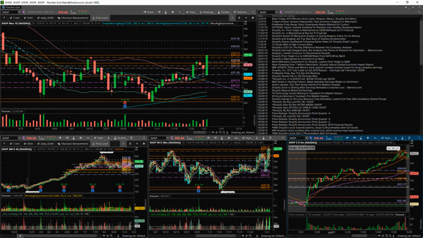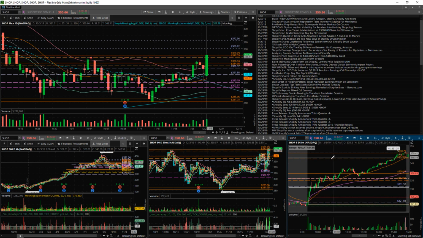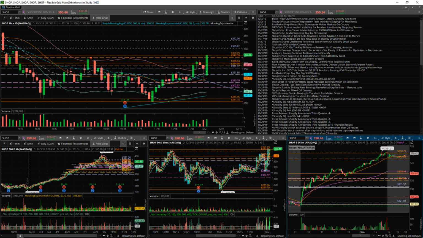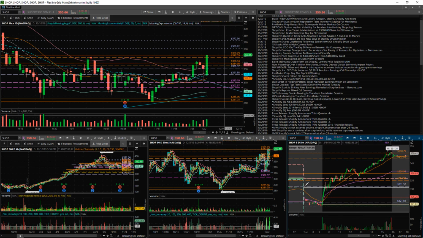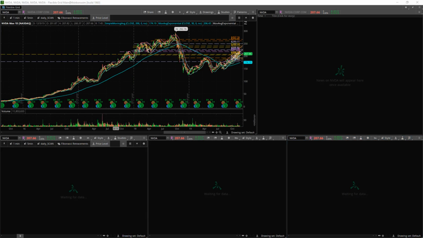Those are things you want to look out for, and track for yourself which ones work best with you, to perhaps find an entry thesis for intraday entries if you want to trade on the lower time frames.